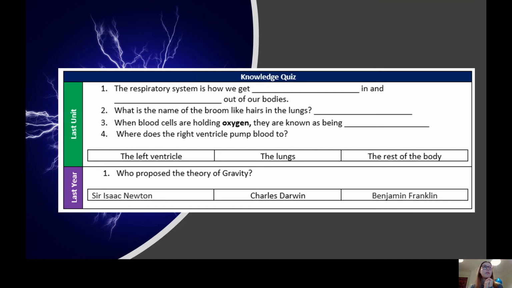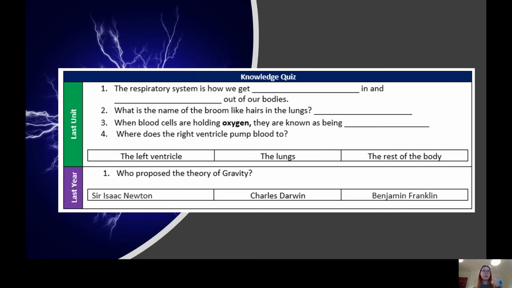Question 4. Where does the right ventricle pump blood to? A, the left ventricle, B, the lungs, or C, the rest of the body? Little clue, when we're studying the lungs, your left and right is the opposite to what it normally is on your hands. I'll repeat the question. Question 4, where does the right ventricle pump blood to?